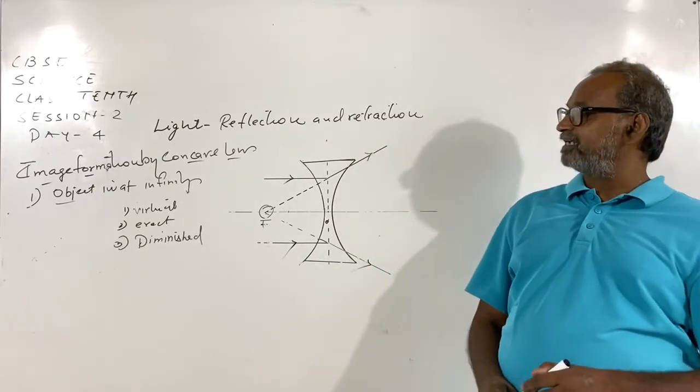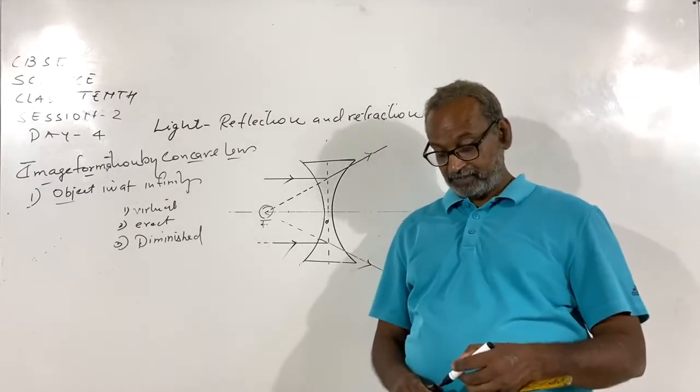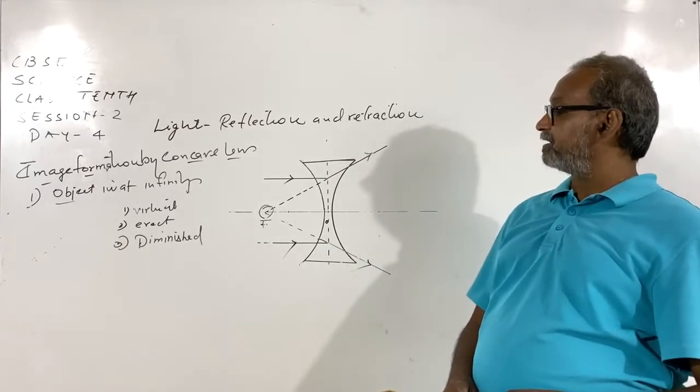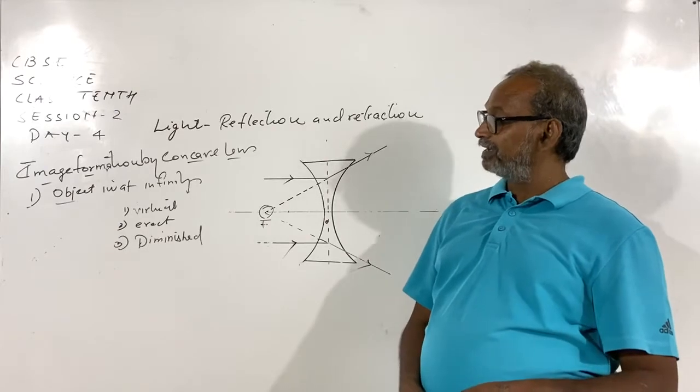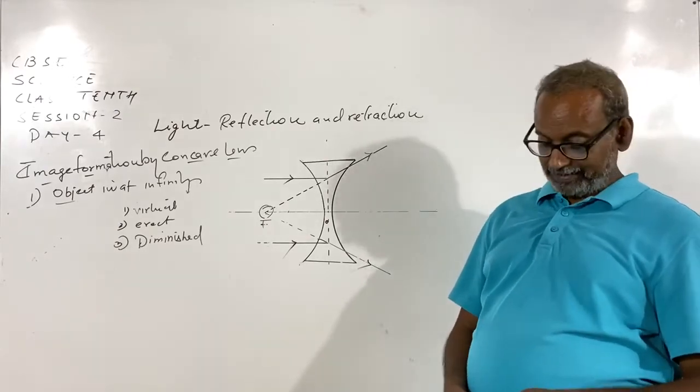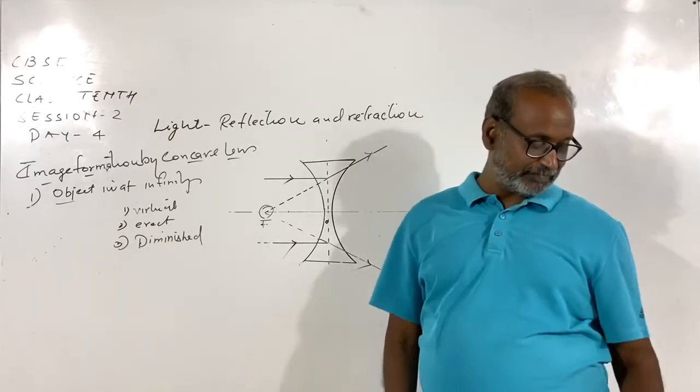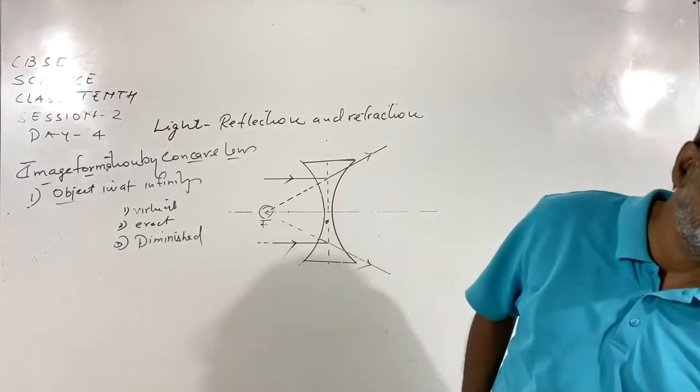So when the object is at infinity, the image formed by concave lens is virtual, erect, and diminished, and the image is formed at the principal focus.